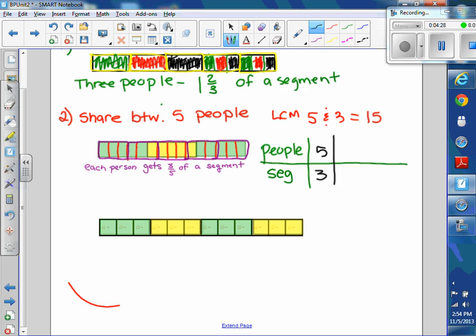Okay? And so if I want to figure out what part of a segment each person gets, I'm looking for something called the unit rate. I want to figure out what part of one segment each person gets. So I would have to get a 1 here by dividing by 3. Does that make sense? And so I have to divide 5 by 3.